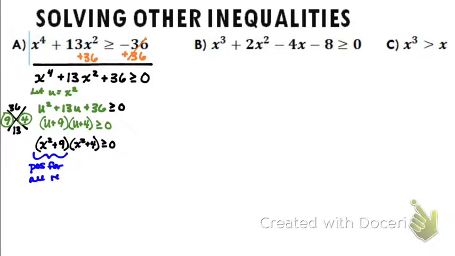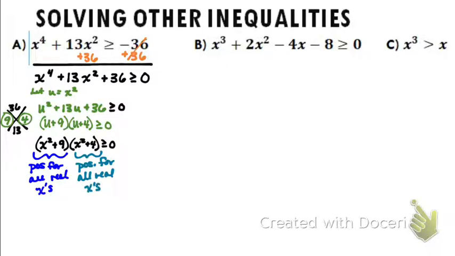This is positive for all real x's. What about this guy right here? Same thing. I'm taking a value and squaring it, and then I'm adding something to it. So this is also going to be positive for all real x's.